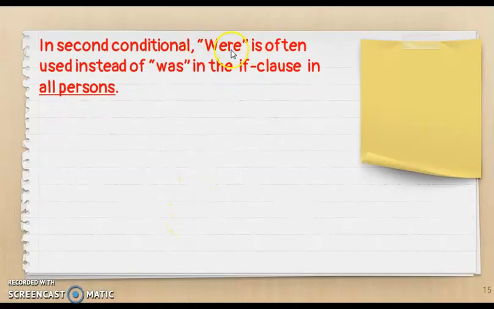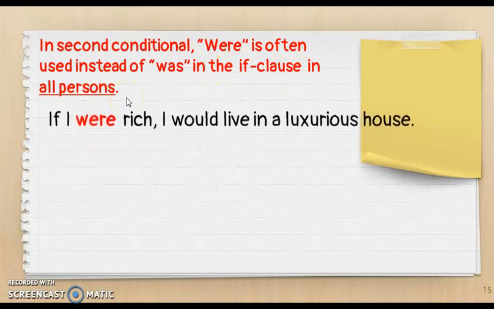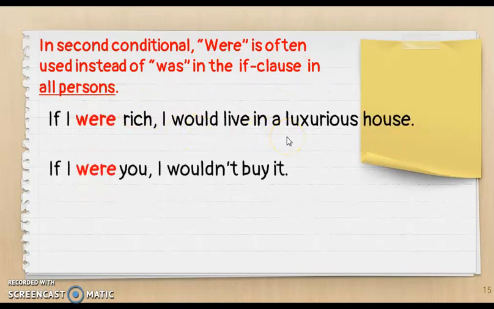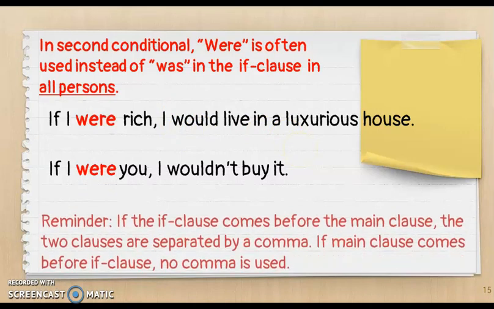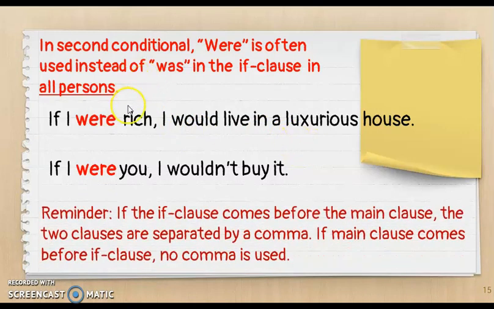In second conditional, were is often used instead of was in the if clause in all persons. What does it mean? If I were rich, I would live in a luxurious house. If I were you, I wouldn't buy it. If I were rich, it is talking about an unreal situation. That is why were is used instead of was.